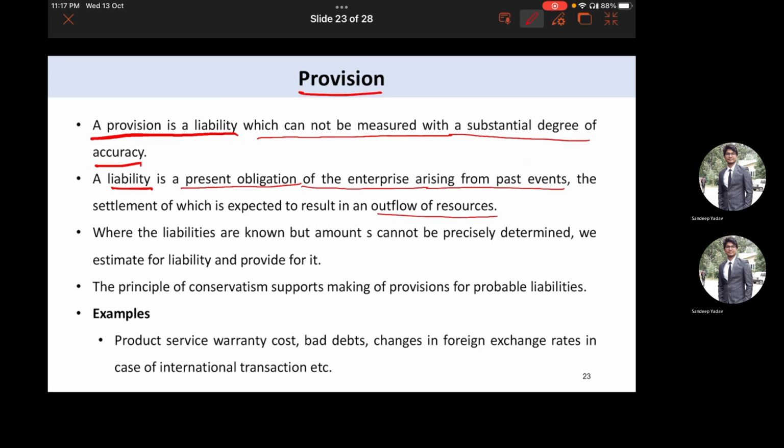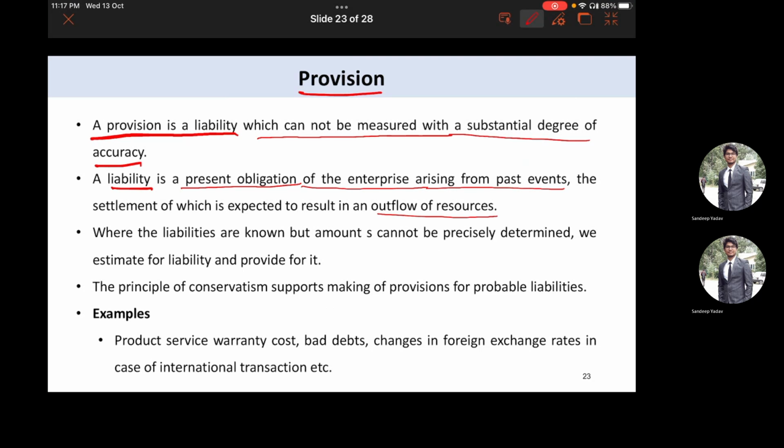That means a company has a liability, in the kind of a loan, or the company needs to pay some amount, or they have to deliver some product to them, that's called a liability.